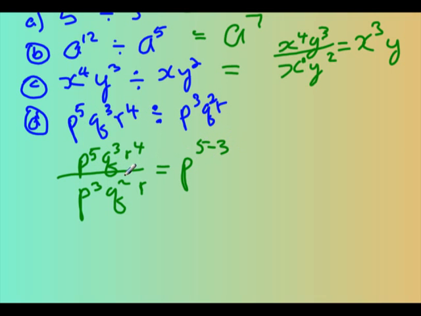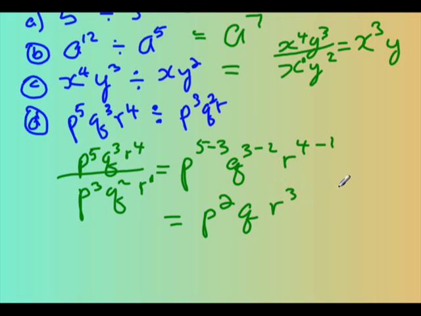You don't need to write it out like this if you can subtract it in your head. Okay, but let's do it just so you can see what's happening. 4 minus, now this r has a power of 1. So we write 4 minus 1, and then our answer will be p squared q to the first power, which you don't need to write, and r to the third power. Did you get that?